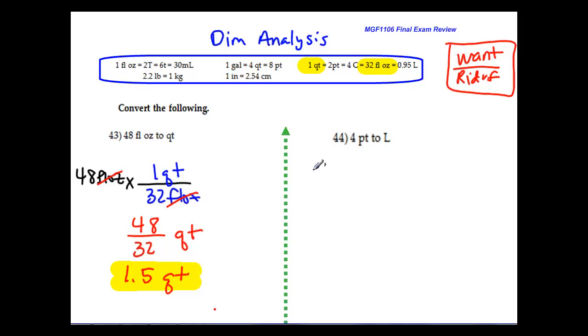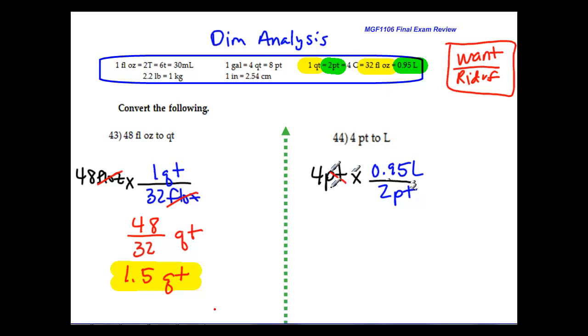Going to number 44, 4 pints. Again, let's go back up here. Pints to liters. What we want, we put on the top. What we want to get rid of, we put on the bottom. We want liters. So 0.95 liters goes in the top. 2 pints goes in the bottom.